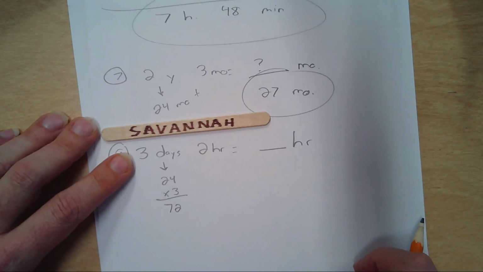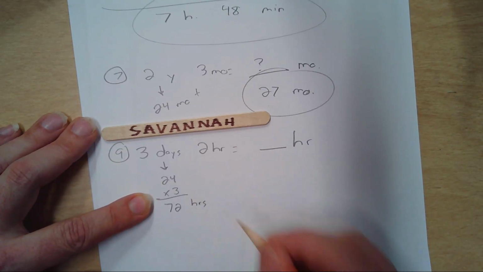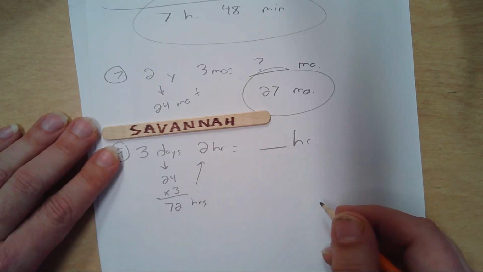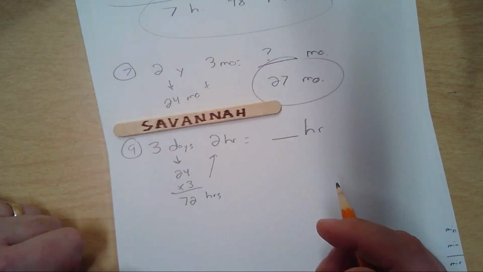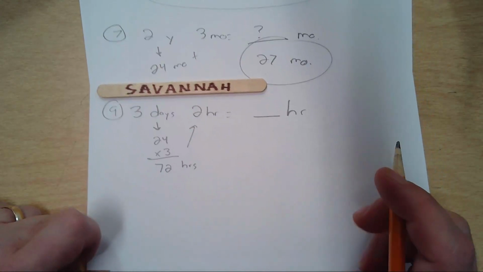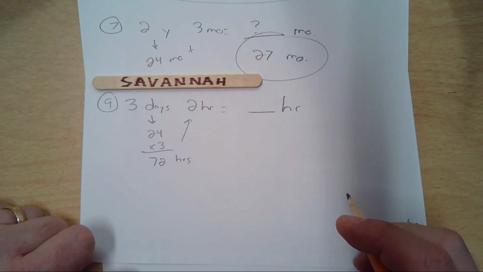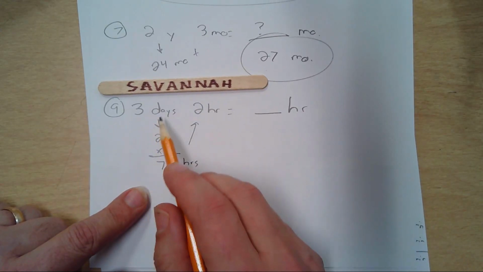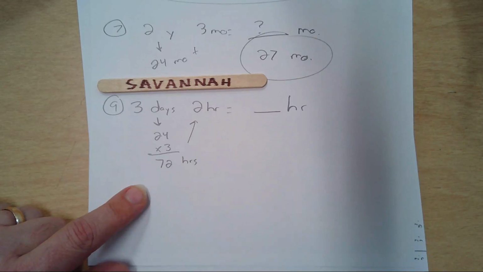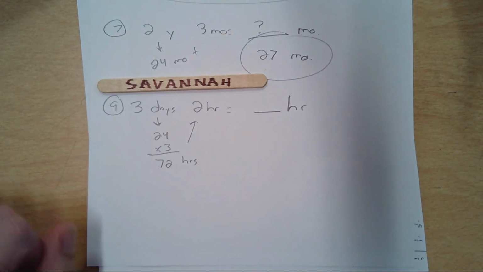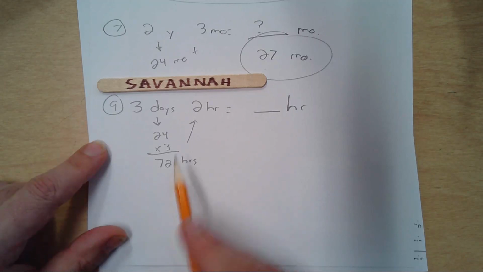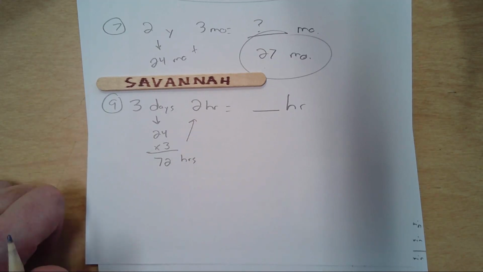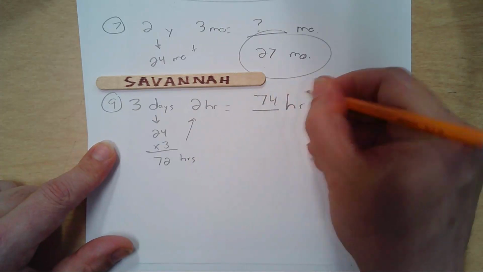So 3 days is 72 hours, but then I have these 2 extra hours. I already have 72 hours, so I just need to add on the extra 2 hours. What's 72 plus 2? 74. And there's my answer.